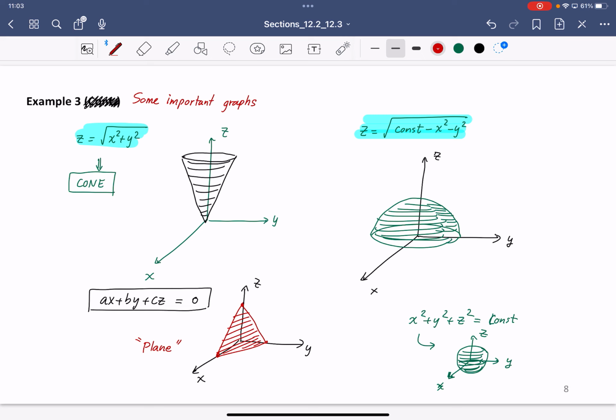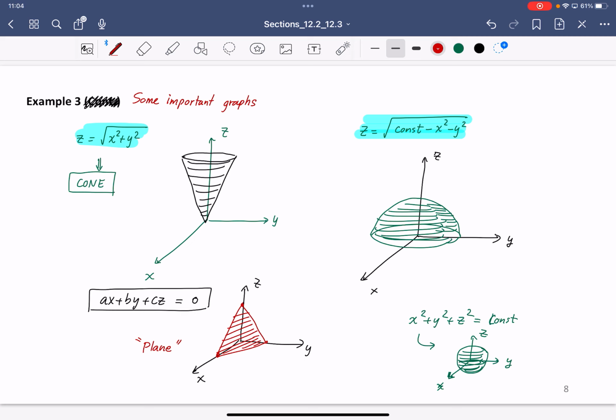Of course, we have Google, MATLAB, and Wolfram Alpha, where you can just plug in and ask the computer to graph it. But some functions that are easy enough, you can just graph by hand.